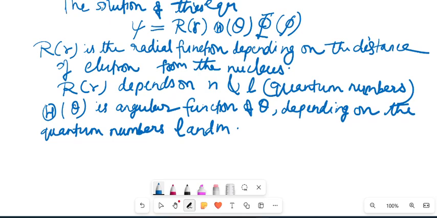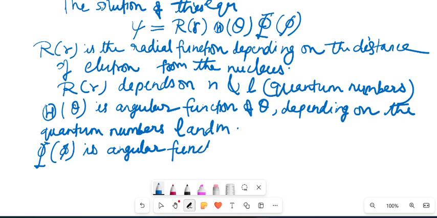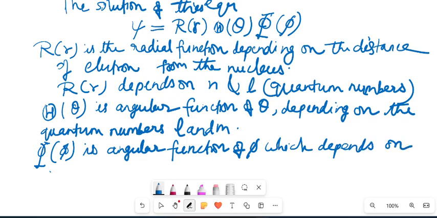And phi(phi) is the angular function of phi, which depends on the quantum number m.